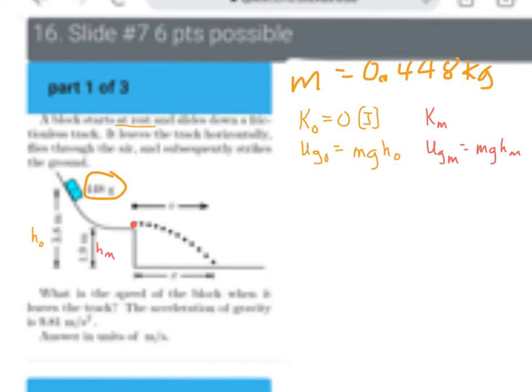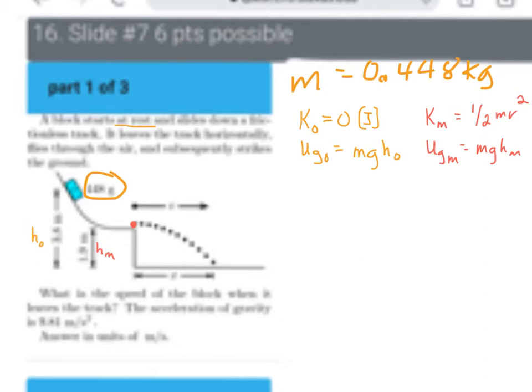So since it's going to have kinetic energy, it's going to have some velocity. We're going to use that to find what the velocity is leaving, and that's what we're trying to find for part 1. So we're trying to find the velocity there. So this is the setup, this is what's going on, and now we start piecing it together.